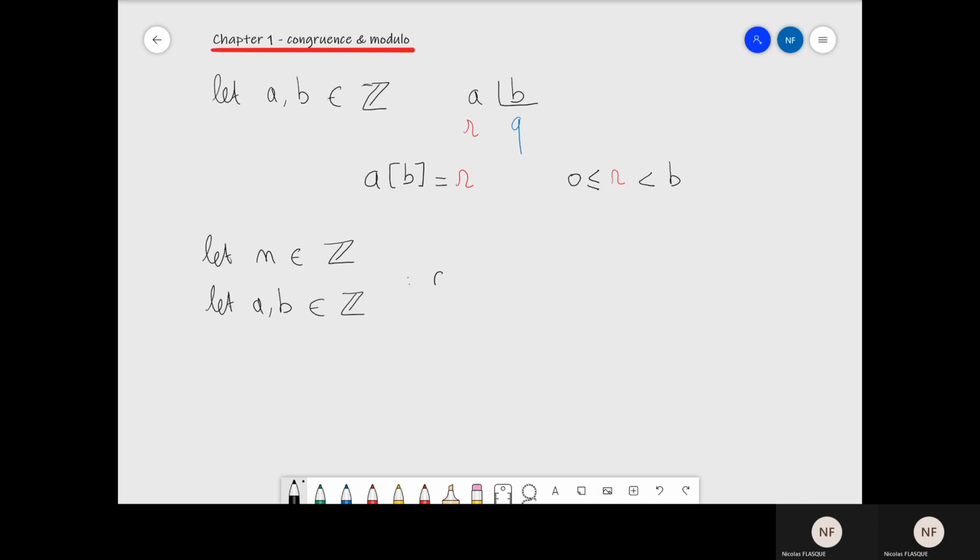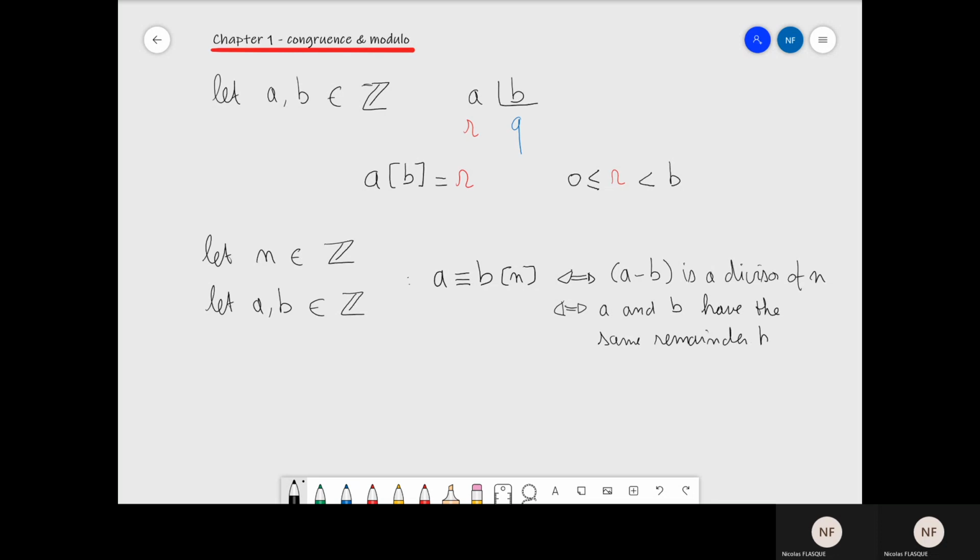Then we can write that A and B are congruent with respect to n, that is A congruent to B modulo n, which is equivalent to A minus B is a divisor of n, which is also equivalent to A and B have the same remainder by dividing by n.